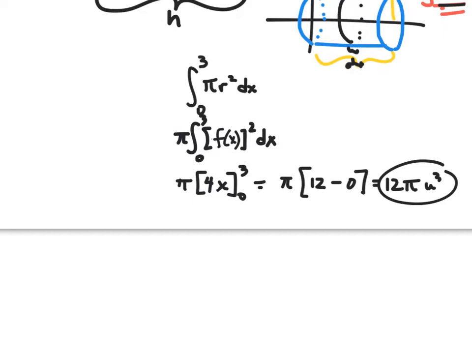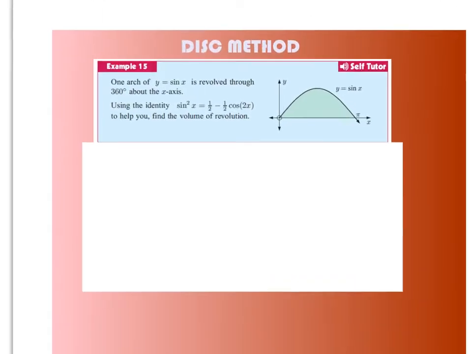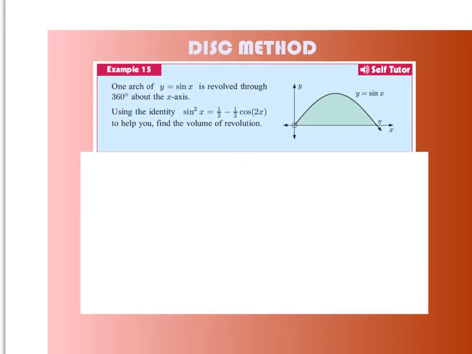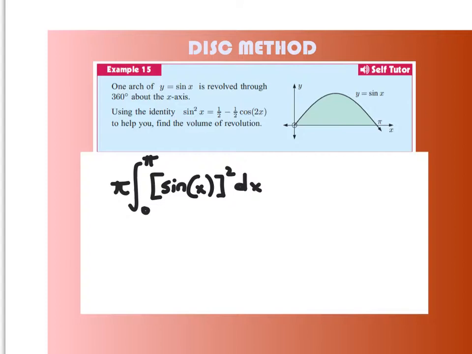All right, let's do an example. One arc of sine x is revolved 360 degrees around the x-axis. Using the identity that sine squared x equals 1/2 minus 1/2 cosine 2x, find that volume of revolution. So we're going to go from 0 to pi of pi times r squared, where r in this case is sine x, squared, dx.